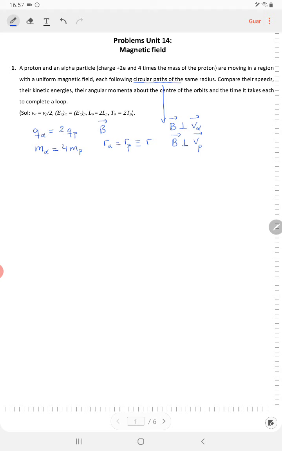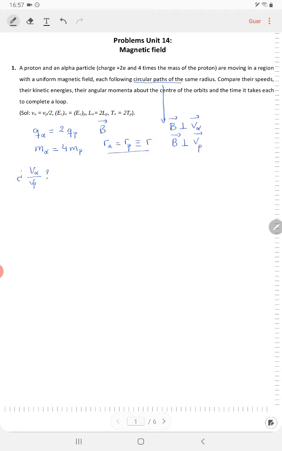So let's start with the velocity. What we are seeking is the relation between the speed of the alpha particle and the speed of the proton, when the radius is the same.